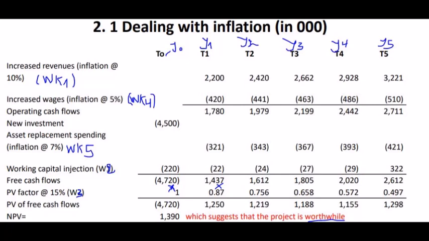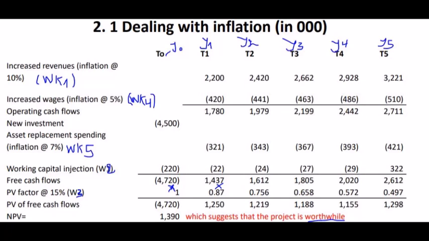That is why we put the whole amount here in year 5, and then you subtract from operating. You take operating cash flow, less investment, less asset replacement, and after that working capital, you less it.